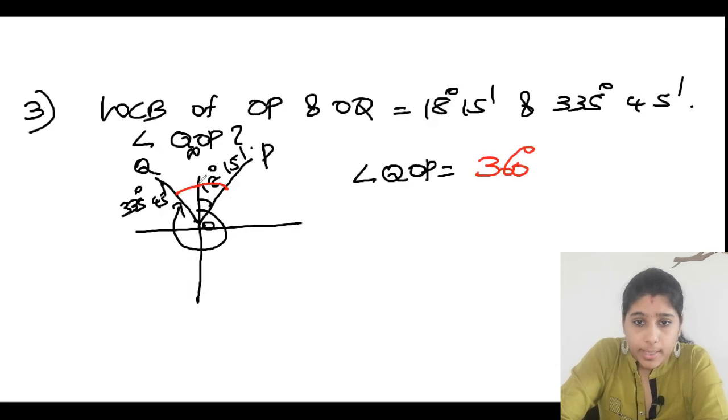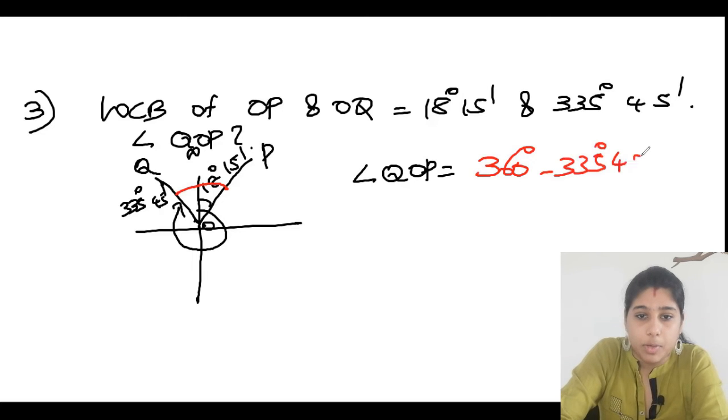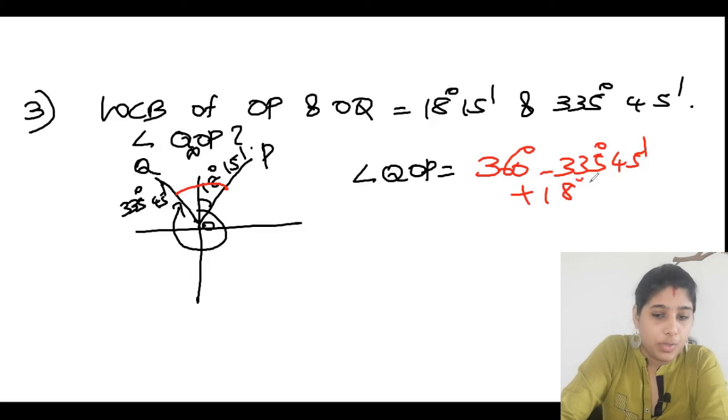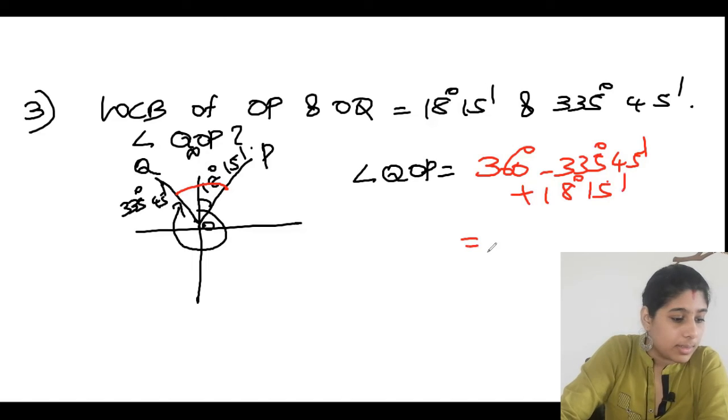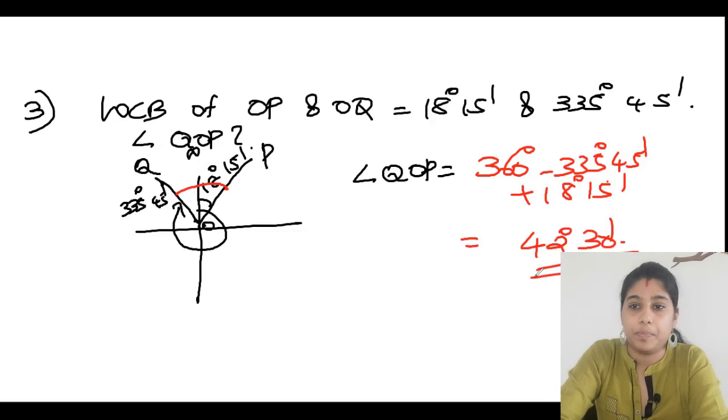From this total angle you subtract 335 degrees 45 minutes. Then you need the remaining angle, and since you have subtracted this, you again have to add 18 degrees 15 minutes. When you add, you will get the answer 42 degrees 30 minutes.